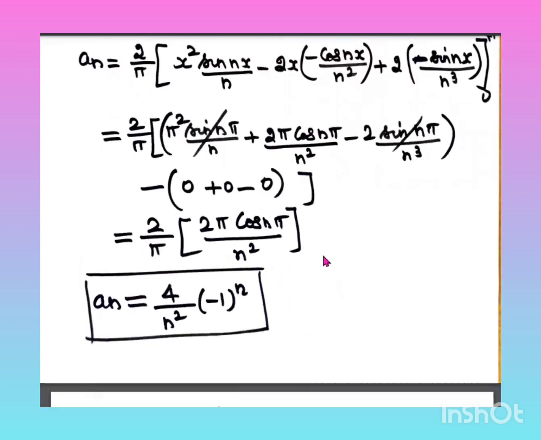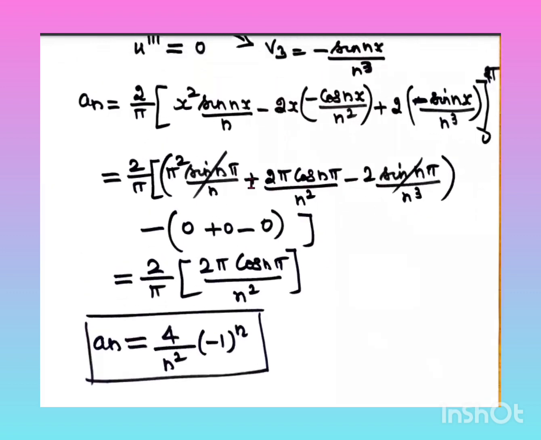So 2 divided by pi into, for x applying the upper limit pi, pi square sin n pi divided by n, plus 2 pi cos n pi divided by n square, third term, minus 2 sin n pi divided by n cube. When you apply the lower limit, x square is 0, so 0. Second term will be 2x, x is 0 means the second term will vanish.